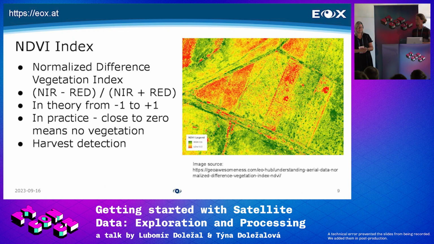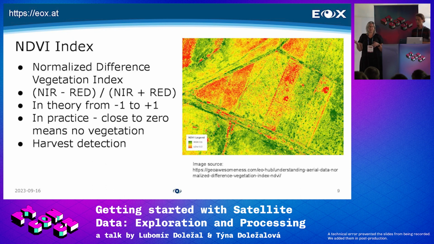So as mentioned, there is an example of the NDVI index. NDVI stands for Normalized Difference Vegetation Index, and is computed as a ratio between the near-infrared band and the red band. As you can see on this image, the values are in theory ranging from -1 to 1, but usually they are going from 0 to 1, where values around 0 mean no vegetation.